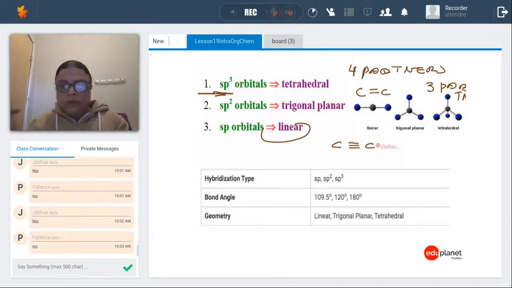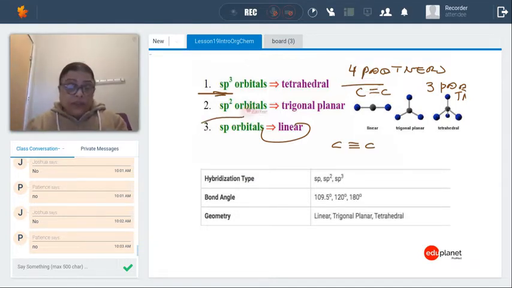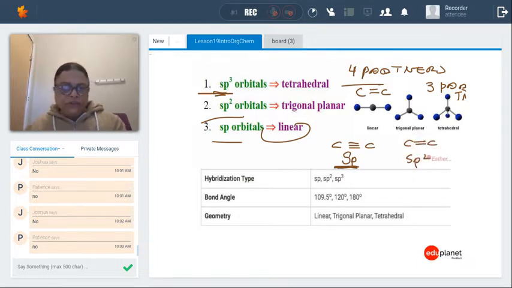So we can look very clearly and see the molecule and see whether it has all single bonds. That means 4 partners to the carbon. We see whether it has a double bond, and we see whether it has a triple bond. If carbon has a triple bond, it is an sp hybridization. A double bond is sp2 hybridization.